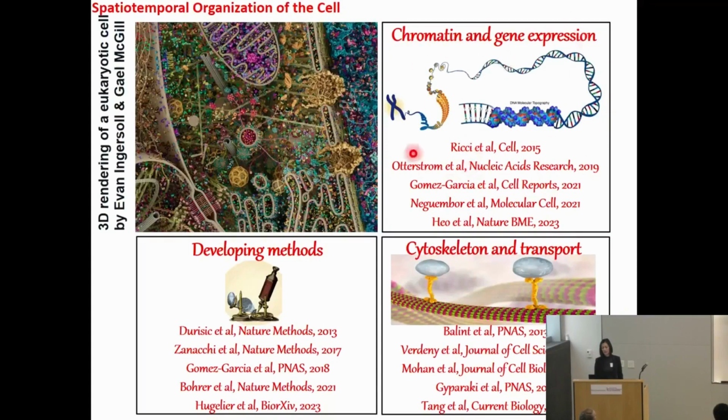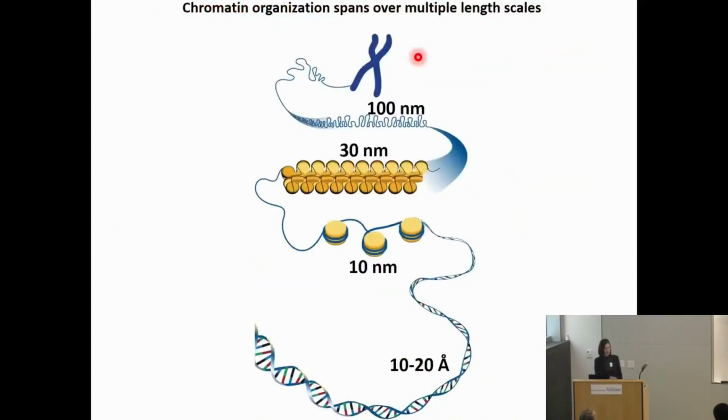And we work on this in the context of a few different biological problems. Today, I'm going to focus on our work on nuclear organization, in particular the organization of chromatin and how that regulates gene activity. I don't probably need to introduce chromatin to this audience.